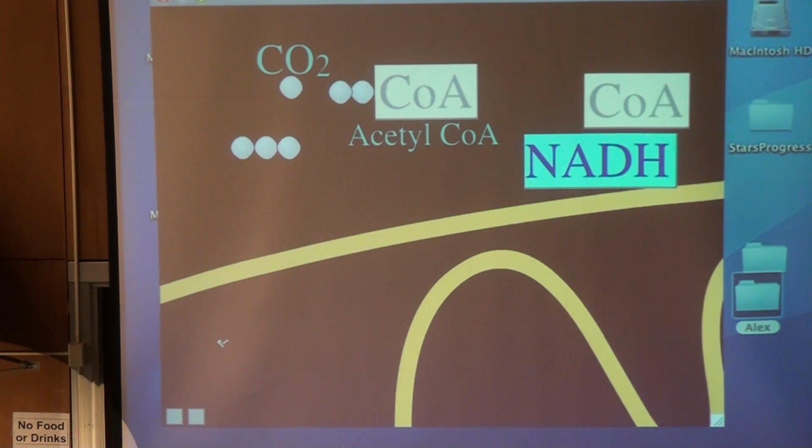Now, remember, when you oxidize a carbon atom to carbon dioxide, that is a downhill exergonic energy-releasing reaction, and the cell wants to capture that energy, and so what happens is NADH captures some of that energy in the form of high energy electrons.